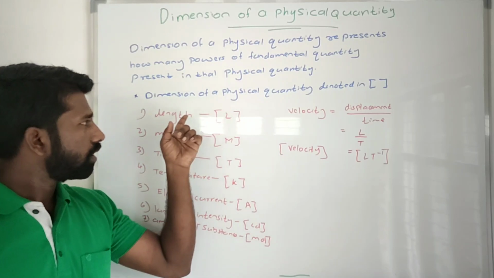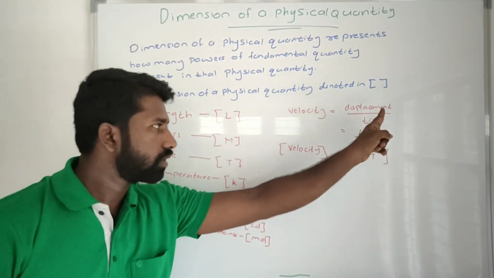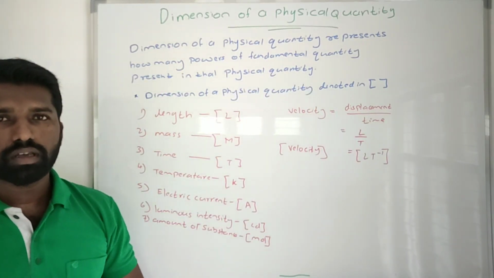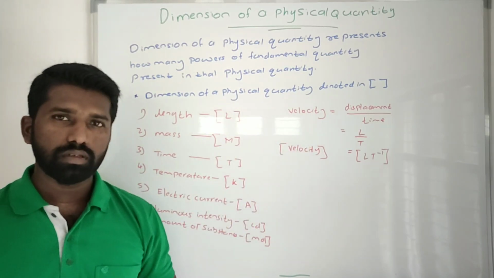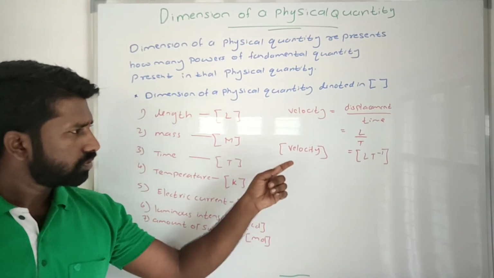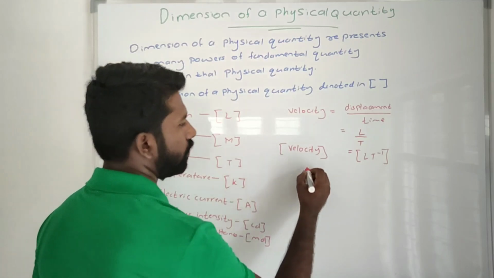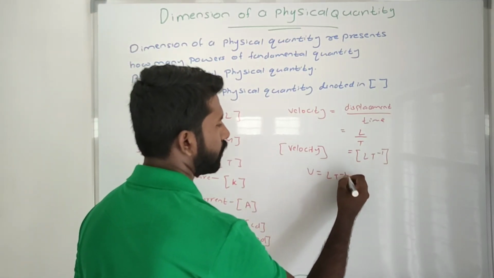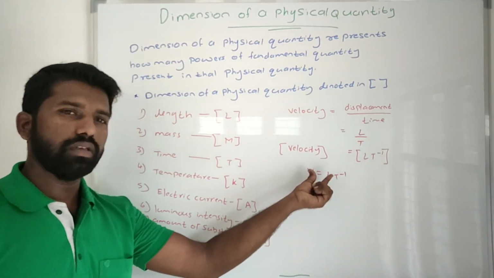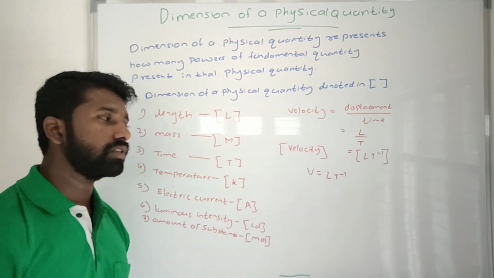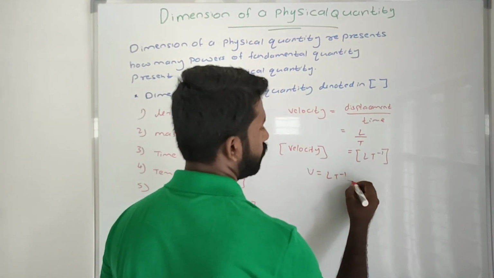Here length has the same unit, so we are using the same symbol. Clear? This is the way we can write. So we write [v] = L T power minus 1. This equation is called the dimensional equation or dimensional formula.